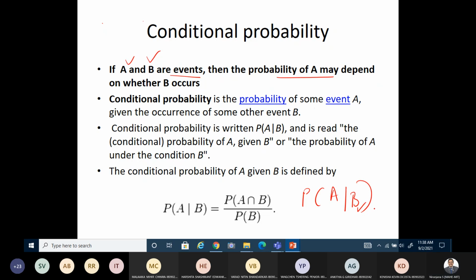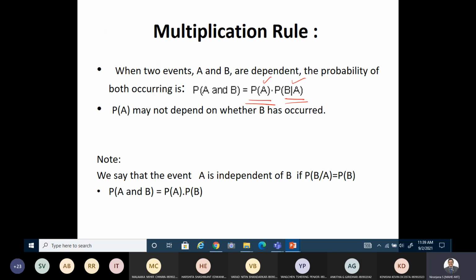This is a slightly different probability. How do you relate them? Through the multiplication rule. That is why I said this is an important rule. You should remember it.